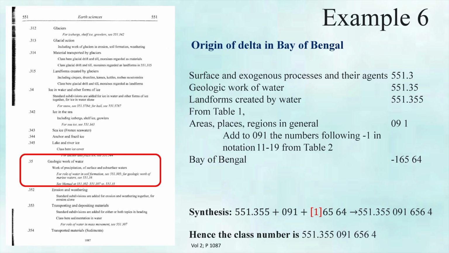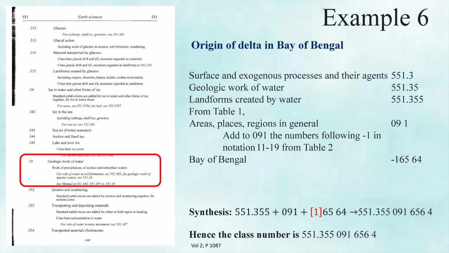Therefore, from table 1, we do not use 093 to 099, specific country, continent or localities. We do not use that. Rather, we use the areas, places, regions in general, because this kind of sea or ocean is located as a general geographic location. Okay. Accordingly, we have to add 091 from table 1 and therefore we have to go to table 2 from where we get the number for Bay of Bengal 16564.